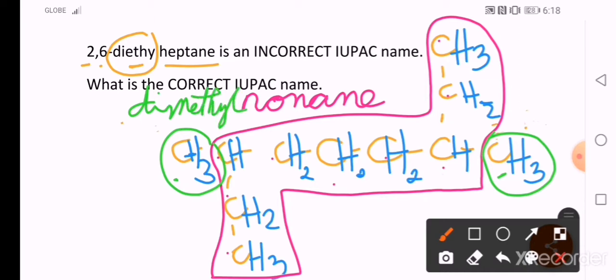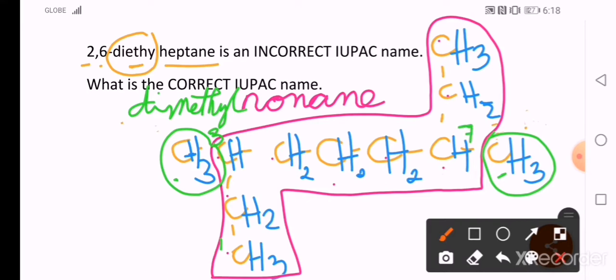Okay? Dimethyl, and their location is on carbon number. It's no longer on the 2nd or on the 6th. However, this is carbon number 3 because this is carbon number 1, and this one would be carbon number 7.